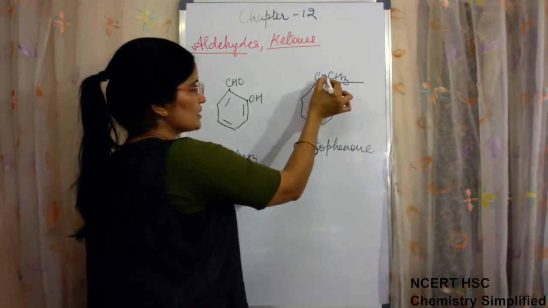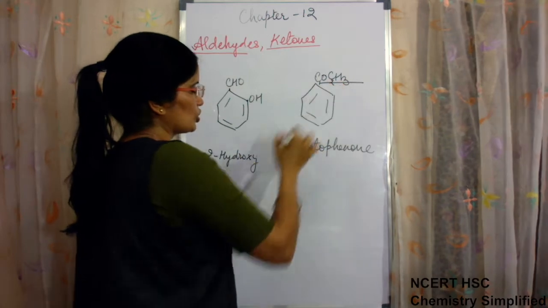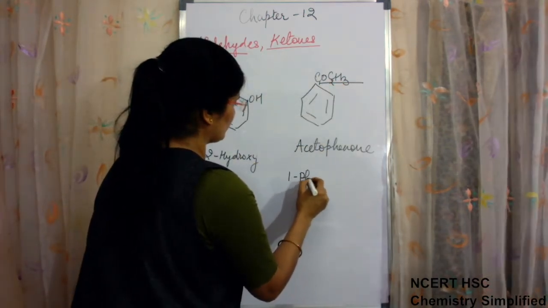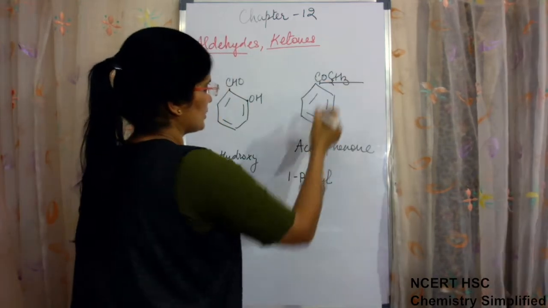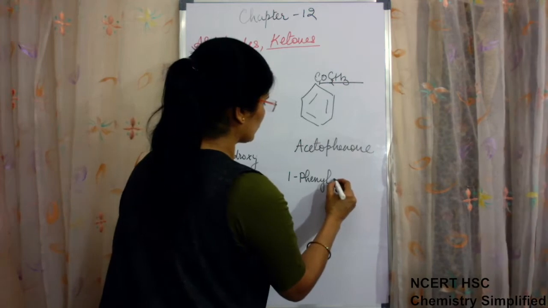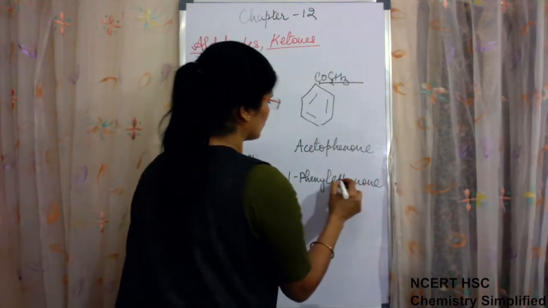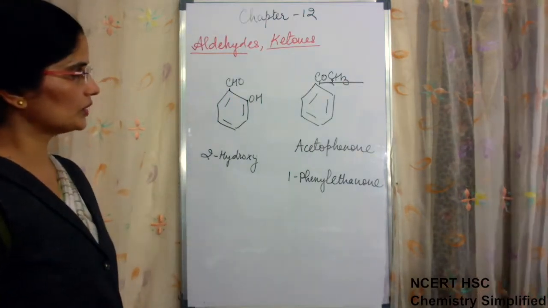Because the functional group is attached to this carbon, numbering will be from here, 1 and 2. So it is 1-phenyl and this is ethanone. So it will be 1-phenylethanone. Okay.